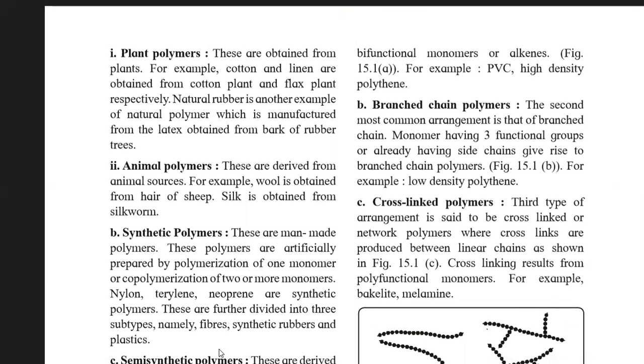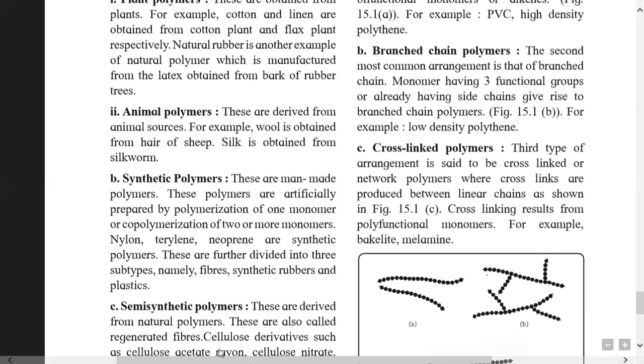Example of this type is PVC. PVC means polyvinyl chloride. Or other example is high density polymer, means HDP. Second type is branched chain polymer.